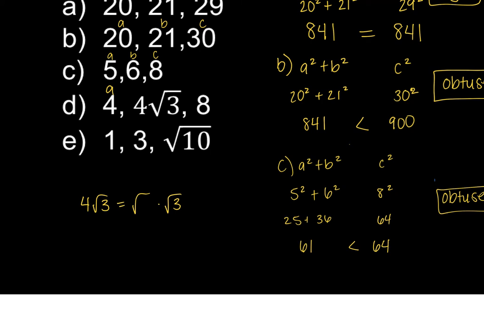What's 4 squared? 16. So let's put 16 under the radical. Do you guys agree that the square root of 16 is the same as 4? Right? All we do now is we take that 16 and we multiply it by 3. So we're going to get the square root of 48.